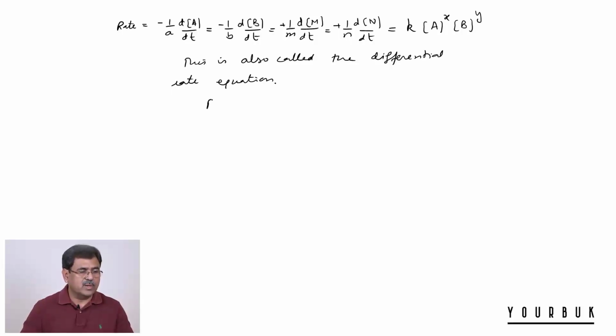In simplified form we write rate is equal to K into A raised to power x and B raised to power y.